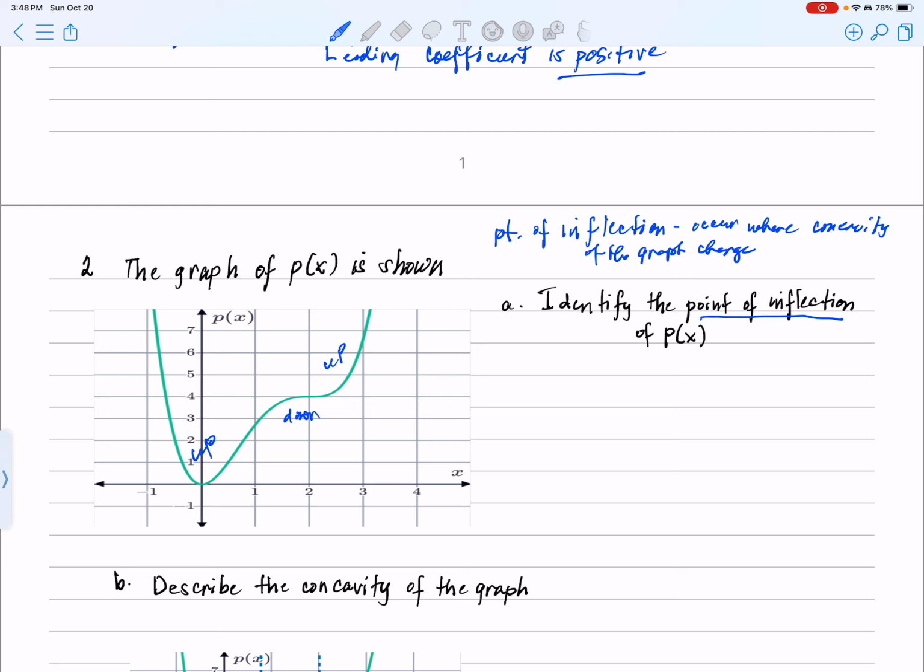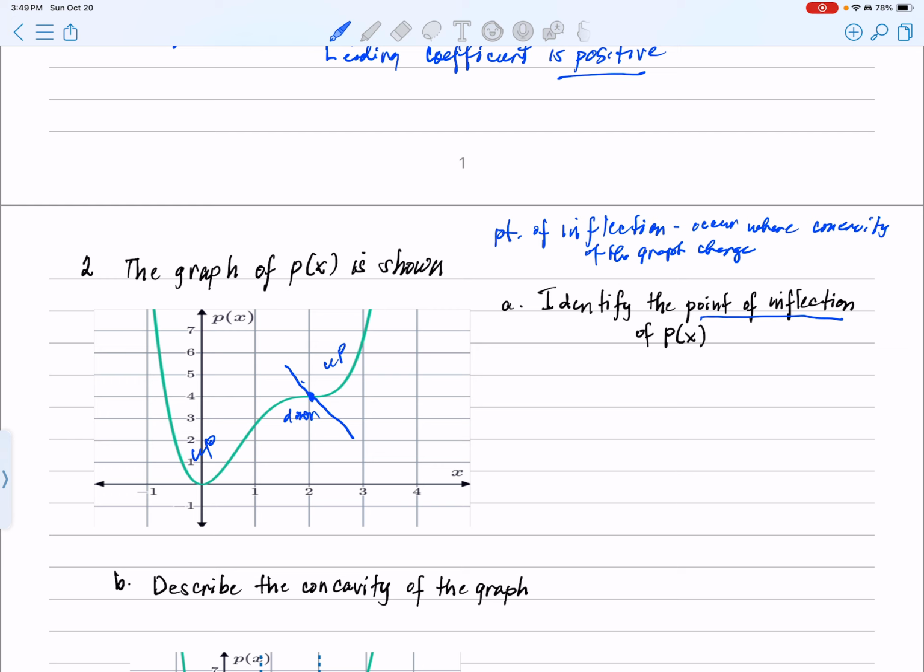We could say to the left, there is a point at exactly 2, 4 right here, from down to up. What else could we see?